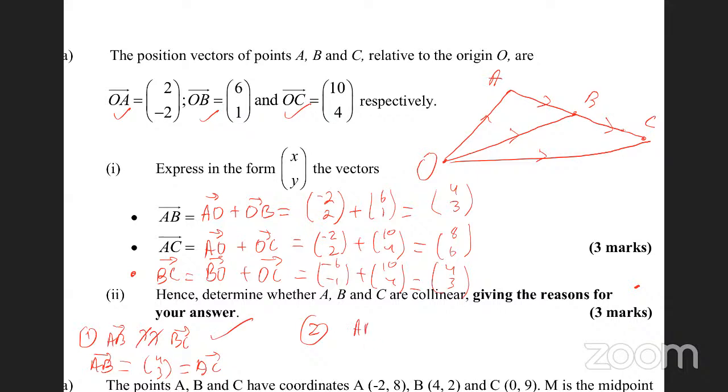We have to take AB, add it to BC, and try to get AC. So let's see. 4, 3 plus 4, 3 is 8, 6, which is the same as what? AC. Therefore, you're good to go.